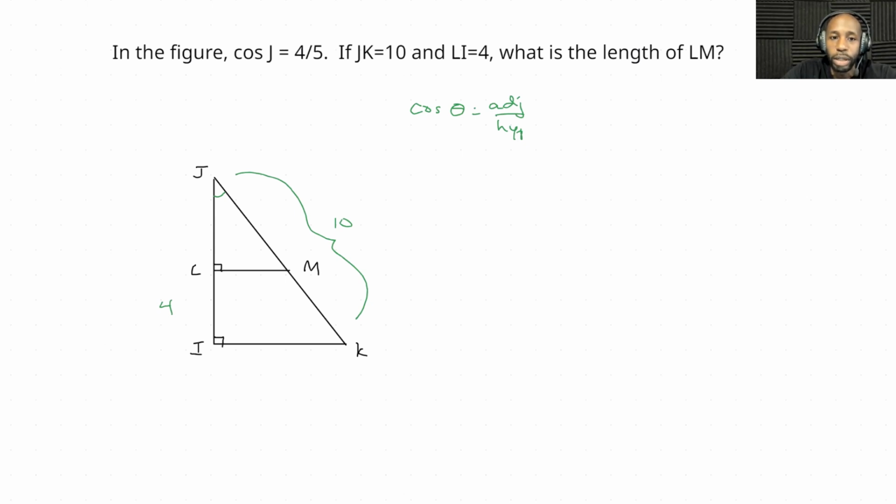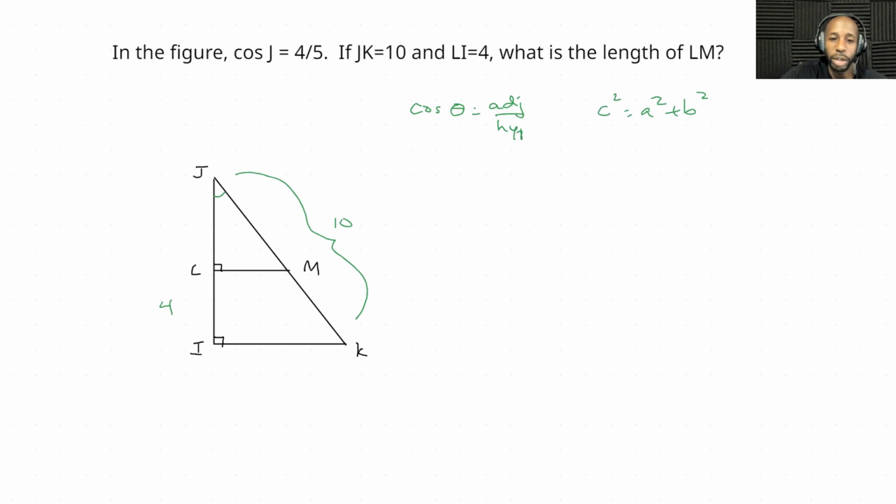So let's see what we have here. Another thing to note is since we have right triangles, the Pythagorean theorem applies. So c squared equals a squared plus b squared. The hypotenuse squared is equal to side squared plus side squared. Now, check this out. The cosine, which is the adjacent side over hypotenuse, is 4 over 5.